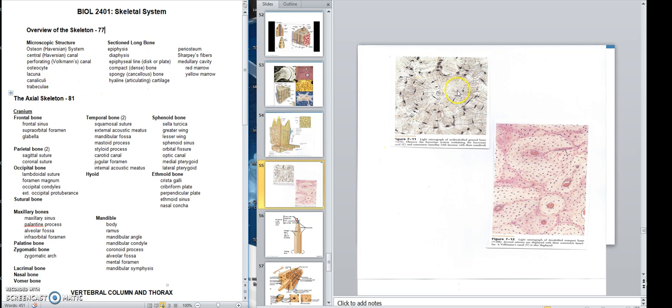Now, this is a ground bone section, and each of those are osteons. We've talked about it before. And this is from compact bone. So in compact bone, remember you have the Haversian system. In each osteon, you have that central canal where blood vessels come in and out. See, here it is again. Blood vessels would be coming in and out of that right there.